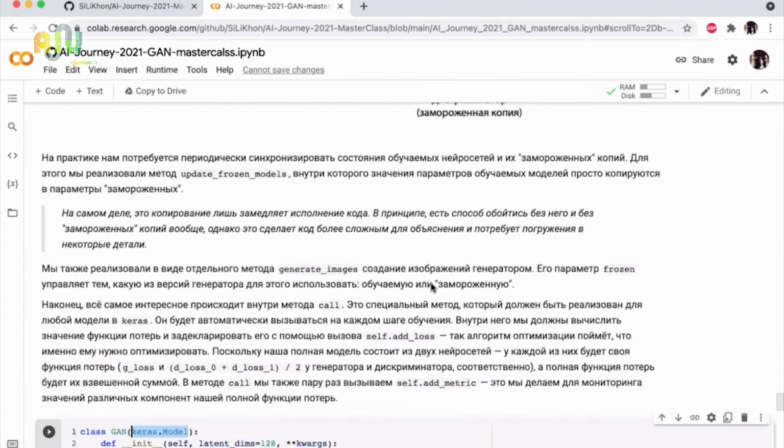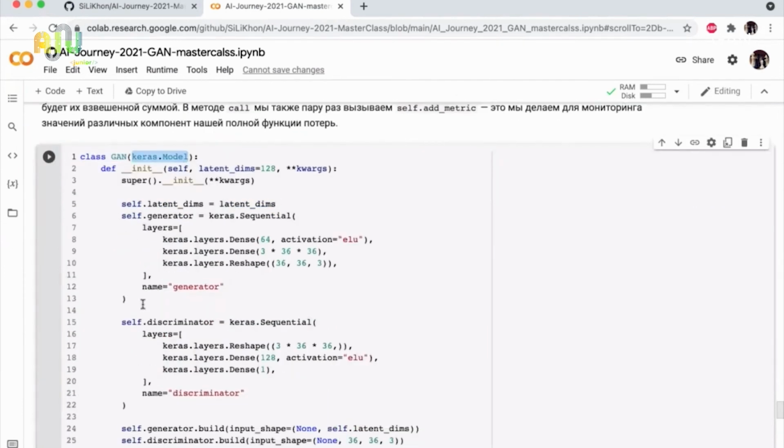Now let's speak about clarifications. We have a constructor, the init function, where we're creating the model. When creating the model, we're creating the networks of generator and discriminator. There is another layer, the reshape layer. It just takes the data and doesn't do anything to the values.